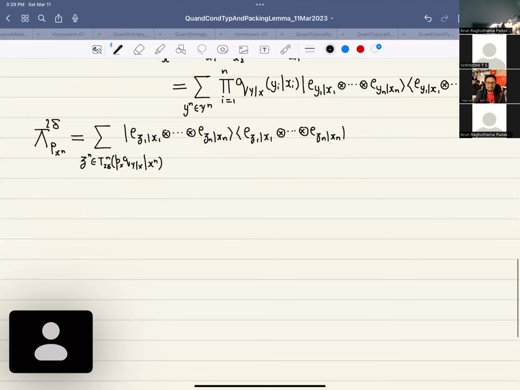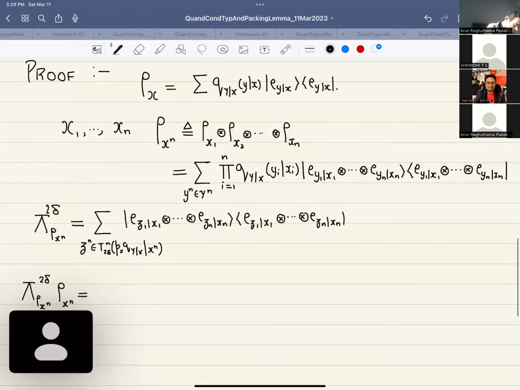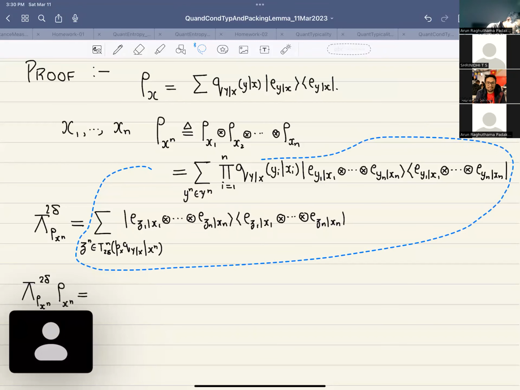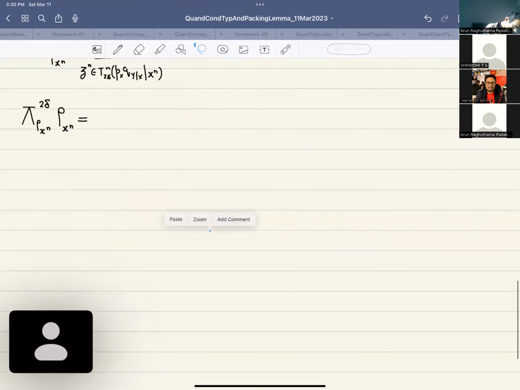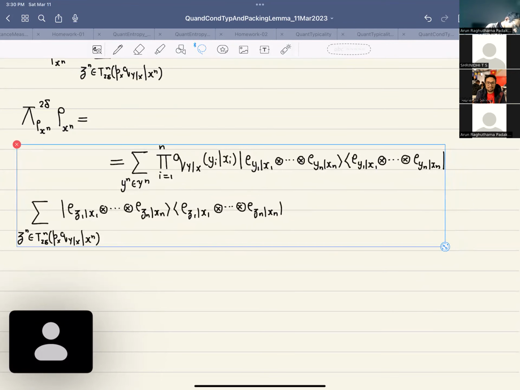So when I do pi rho_xn 2 delta times rho_xn, what do I get? I have to do a product of these two folks. So I'm going to copy, paste, and what I will do, the scalar can move.